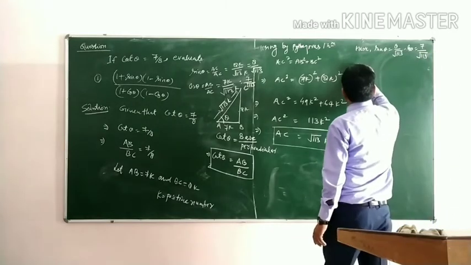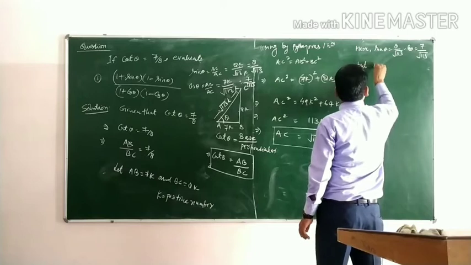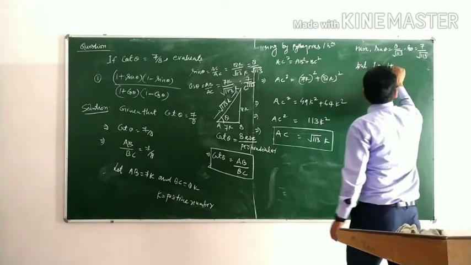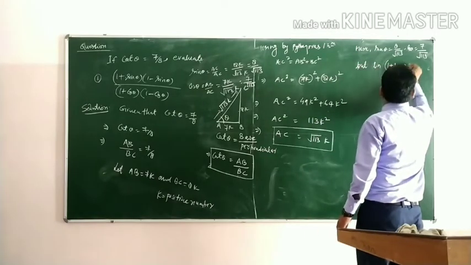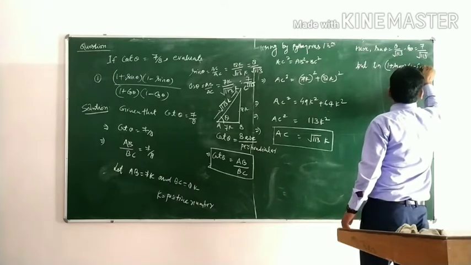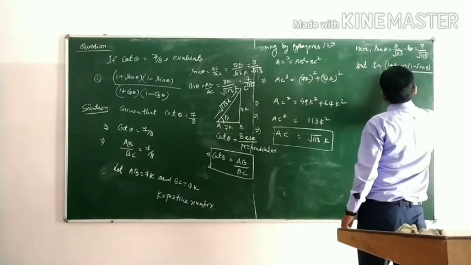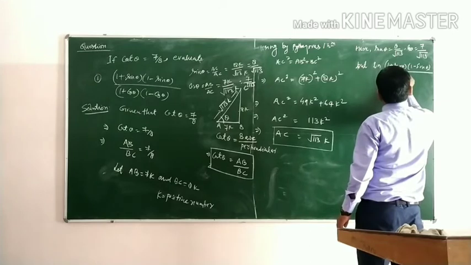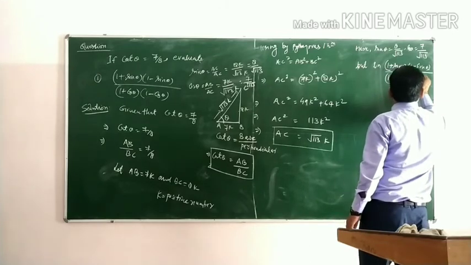Put these in (1 plus sin theta)(1 minus sin theta) upon (1 plus cos theta)(1 minus cos theta).